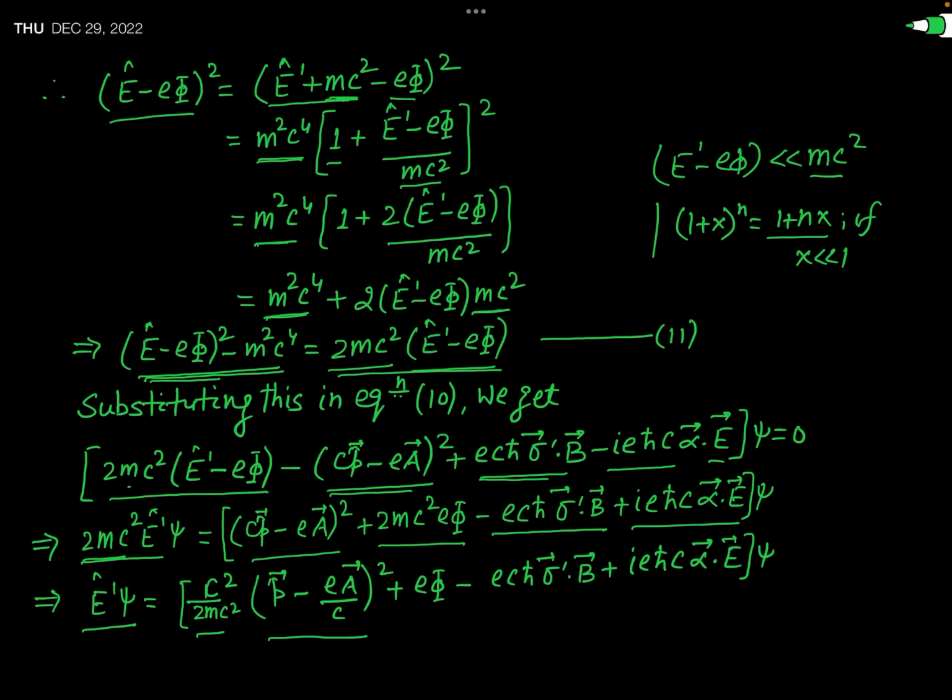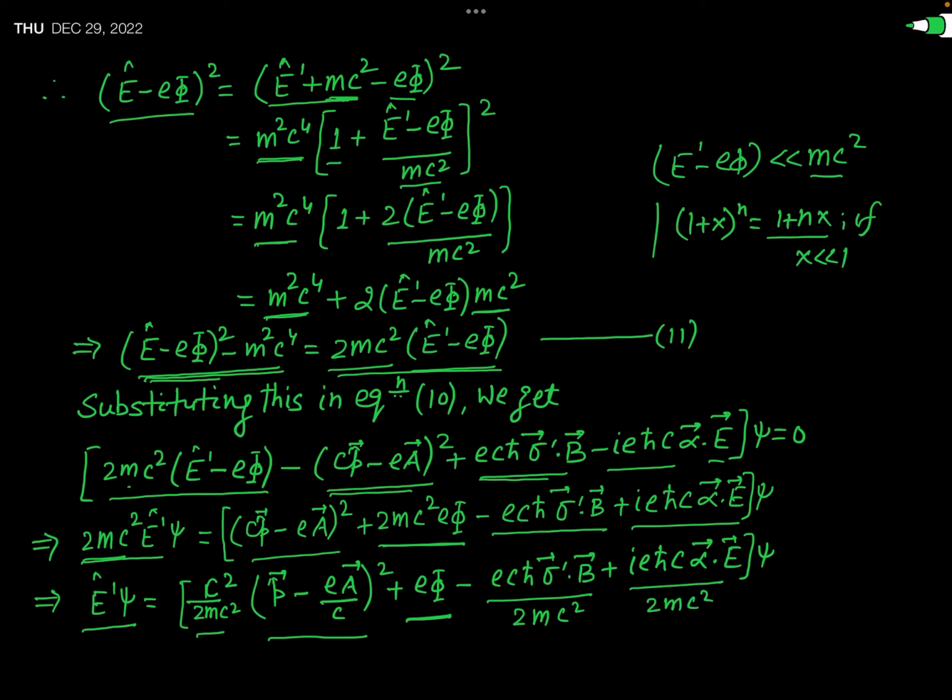And when you divide 2mc square E phi by 2mc square, it will cancel out and the term E phi remains. And when you divide this equation, this will also be divided by 2mc square, and this is also divided by 2mc square.